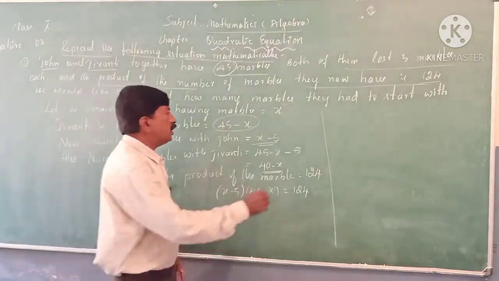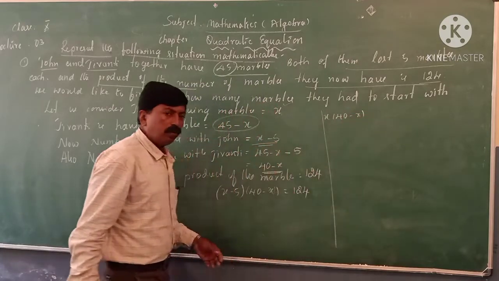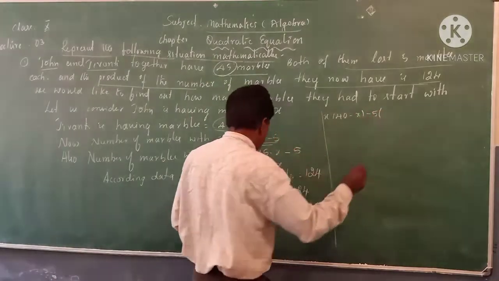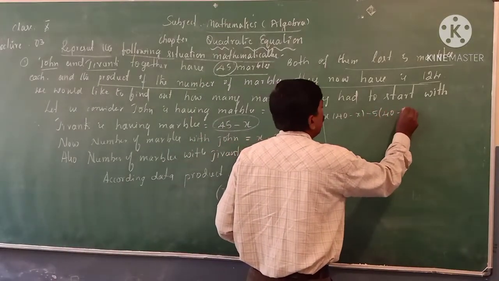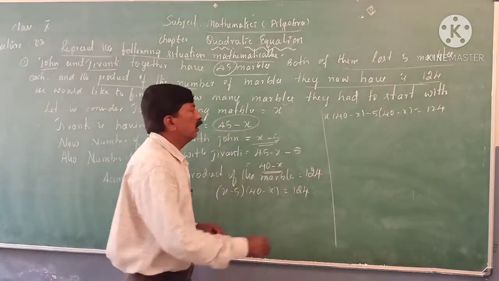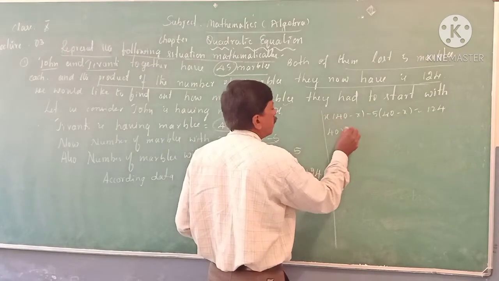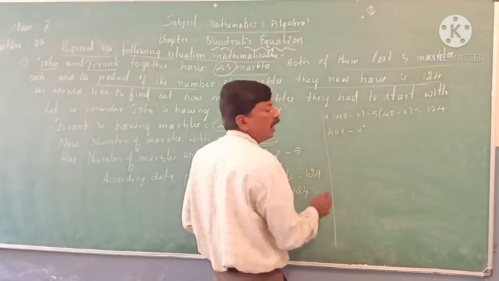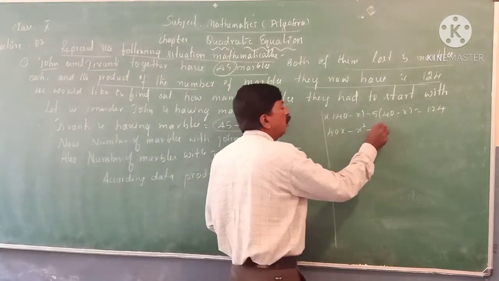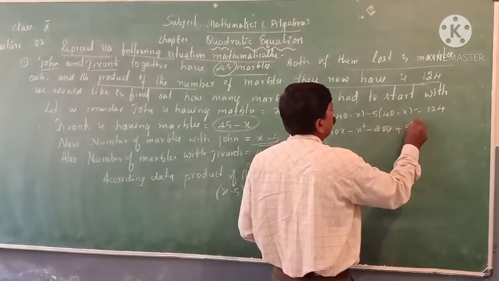So it is x into 40 minus x, using the left distributive property, minus 5 into 40 minus x, which is equal to 124. Now remove the bracket. x into 40 is 40x, minus x into x is x square, minus 5 into 40, 5 fours are 20, that is 200, minus into minus plus 5 into x, 5x.